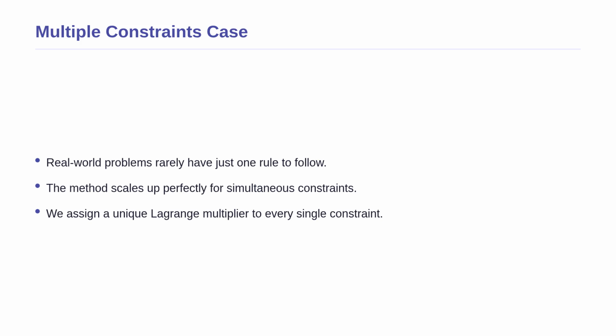What happens when we have more than one rule to follow? For example, minimizing the weight of a bridge while ensuring it is strong enough and tall enough. The method of Lagrange multipliers scales up perfectly. Instead of just one constraint gradient, we now have multiple. We simply assign a unique Lagrange multiplier to every single constraint and add them all together to form our new equation.